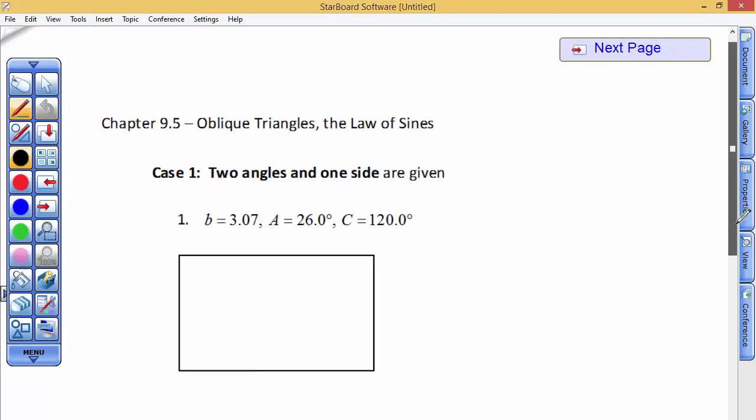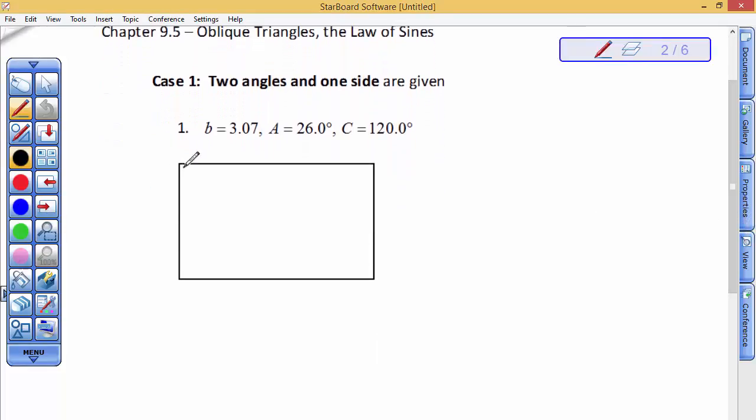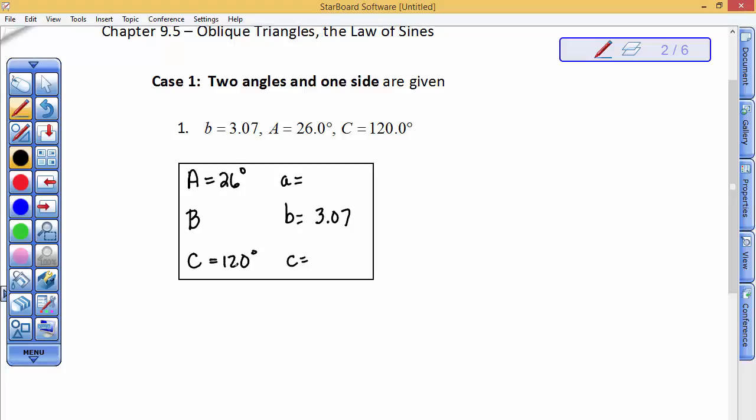And what I'm going to have you do is fill in this box. I don't even bother with drawing pictures initially. So there's 6 pieces of information in any triangle. In this triangle, side B is 3.07, angle A is 26 degrees, and angle C is 120 degrees. If I wanted to try to draw it, I might do something like this.